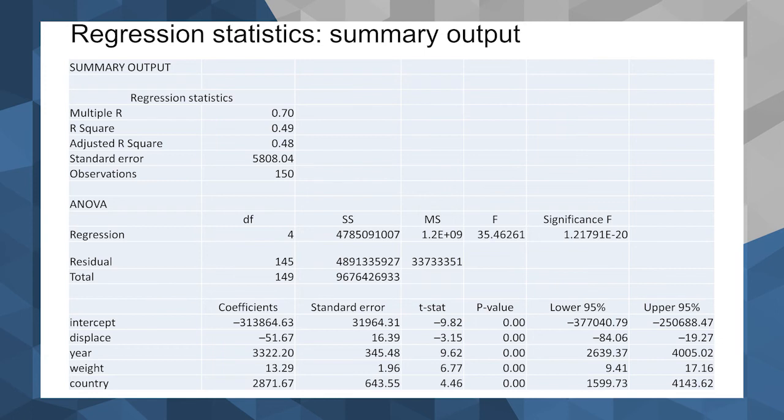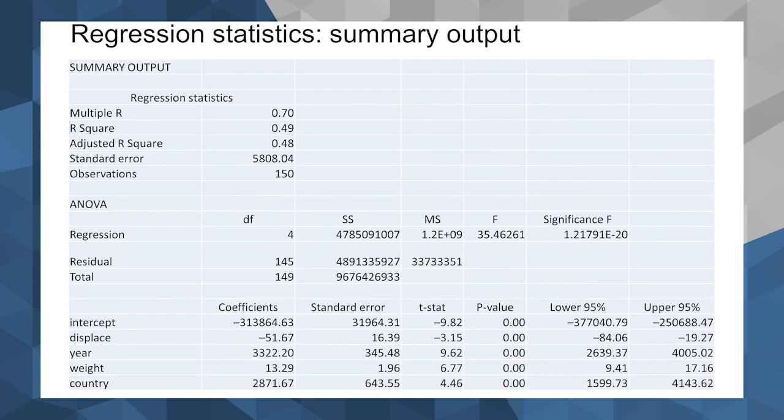And the next column, the t-stat, we compare with the t-critical. Because this is a large sample, the observations are 150, we can compare this with the z-critical. And the z-critical is plus or minus 1.96.